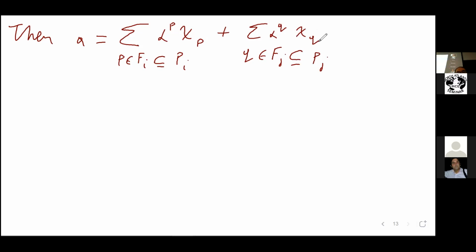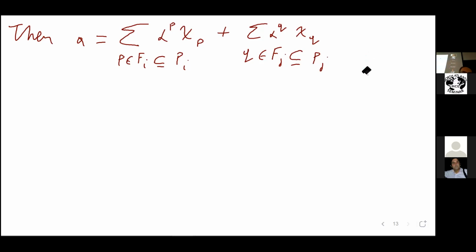Right, I'm just using the fact that the chi P's give me a basis where P runs over the disjoint union of P1 with P2. Okay, so I have these two summands in a linear decomposition of A in terms of basis elements. And of course Fi and Fj are disjoint because P1 and P2 are disjoint.